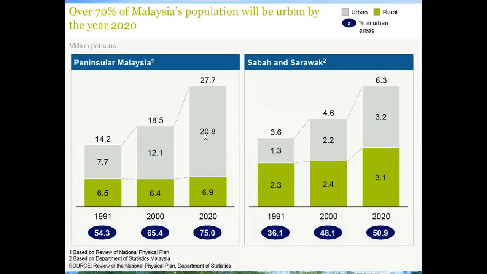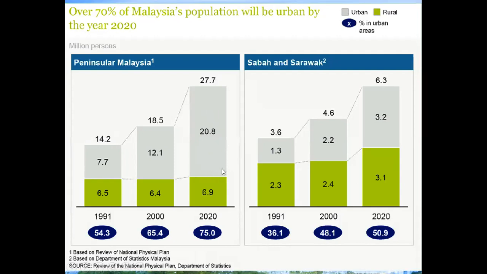And then as of now, for example, it has grown up lah. Kedua-dua di Semenanjung dan juga di Sarawak menunjukkan peningkatan dalam penduduk yang tinggal di kawasan bandar. Tetapi kadarnya lebih tinggi di Semenanjung, right?